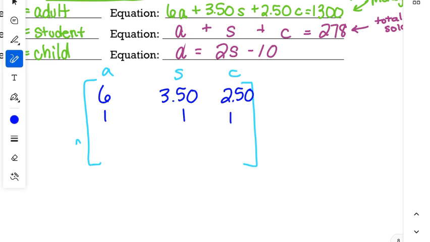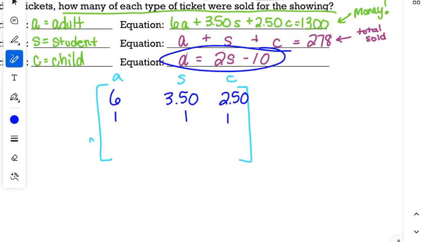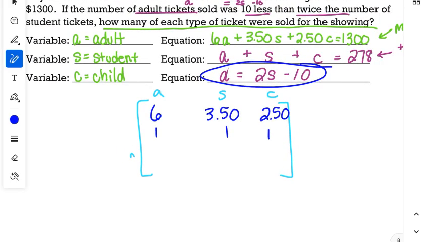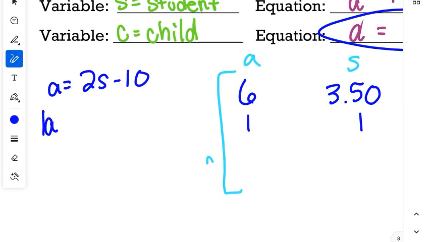The second equation is also in ASC, so 1, 1, 1. But the last row is not. So we've got to rearrange this so it's in ASC order. So I'm just going to write it over here. A equals 2S minus 10. So A is in the right order. So that'd be 1A.